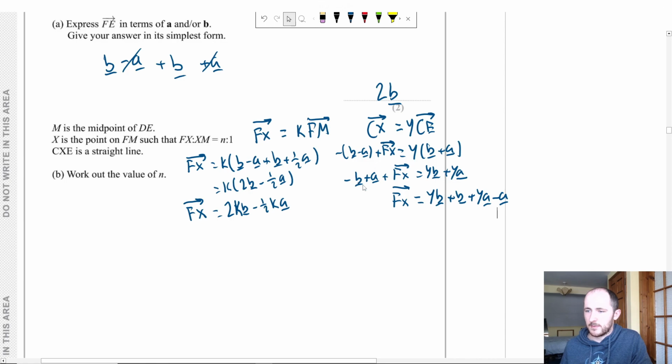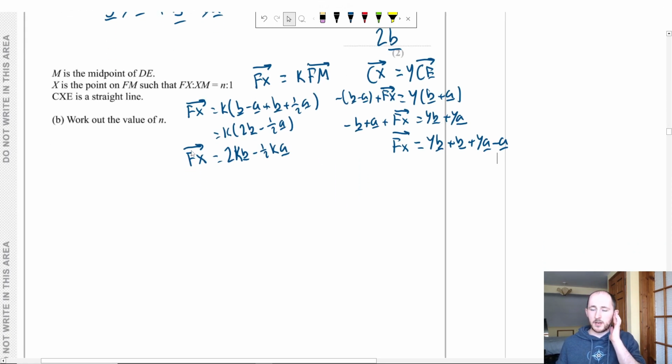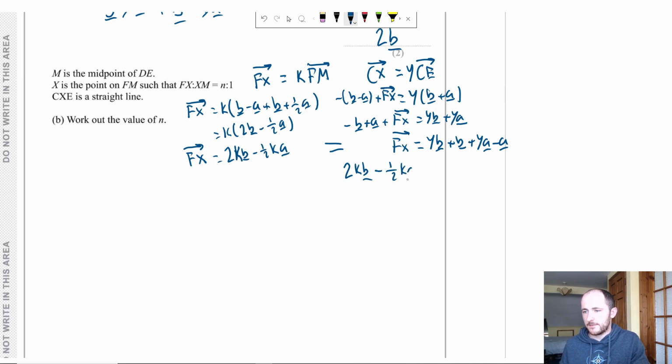Because we're going to minus a from both sides. Now, because we have two equations for f of x, I can actually sub this into here. Okay? That's exactly what I'm going to do. I have 2kb, so these are both equal to each other, minus a half ka equals yb plus b.